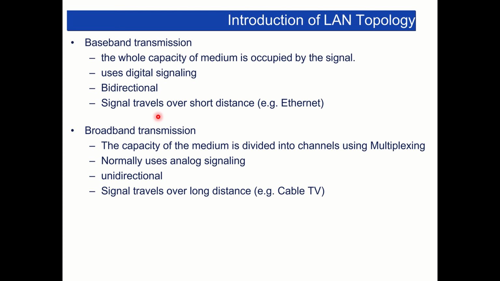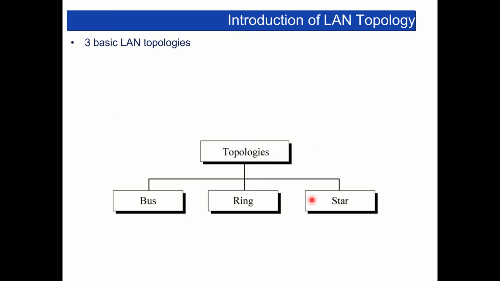So the baseband transmission allows bidirectional transmission. Whereas we have another one which is broadband transmission. So for the broadband transmission is normally used for analog signaling, and the capacity of the medium is divided into channel using multiplexing technique, and the signal travels over long distance, for example the cable TV or the satellite.